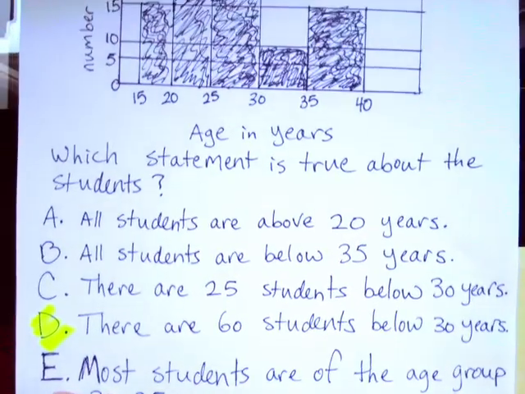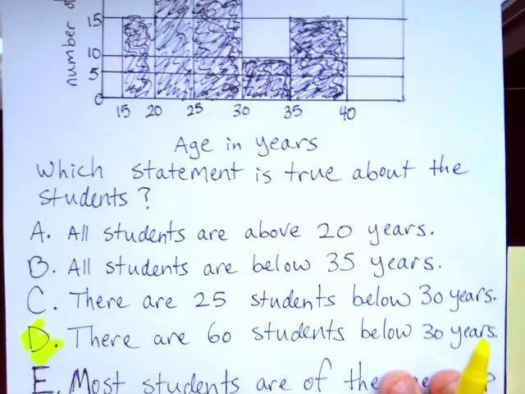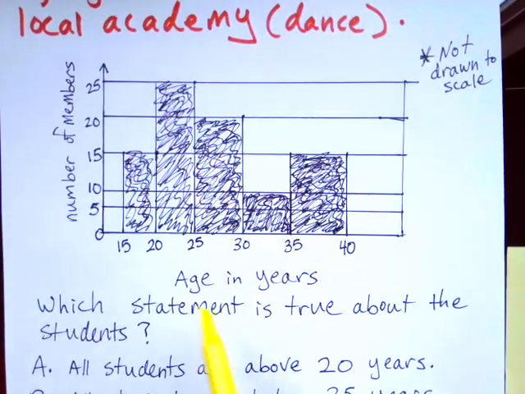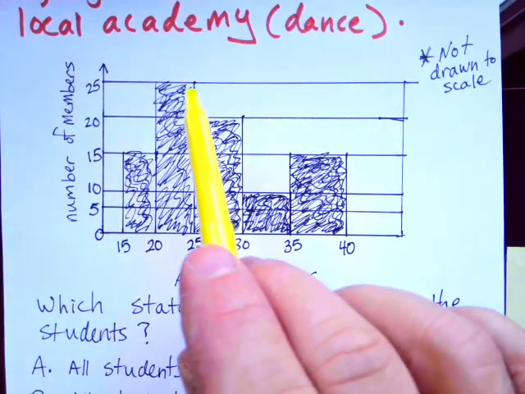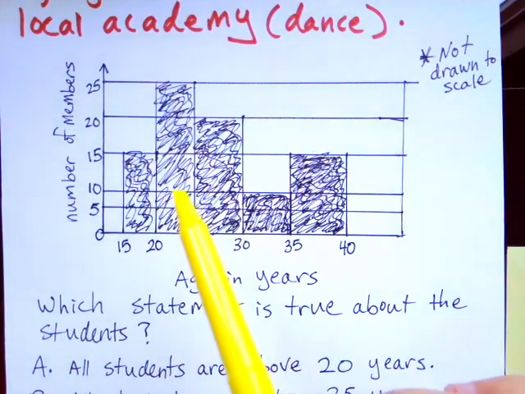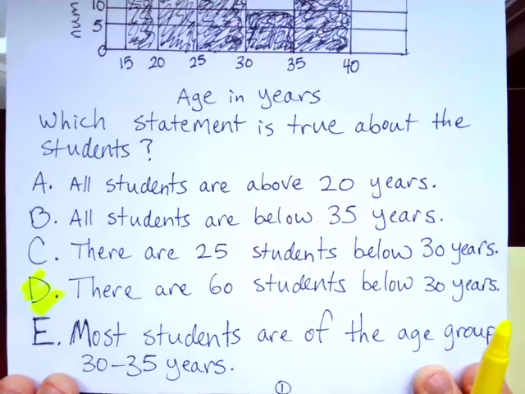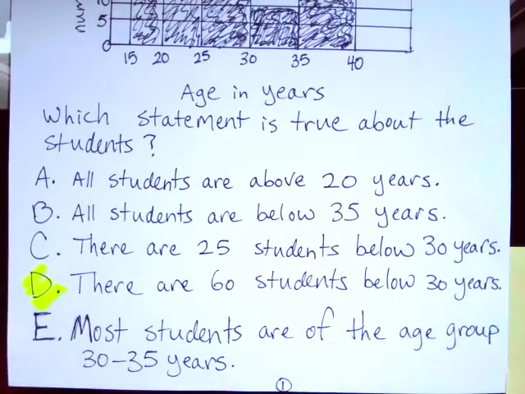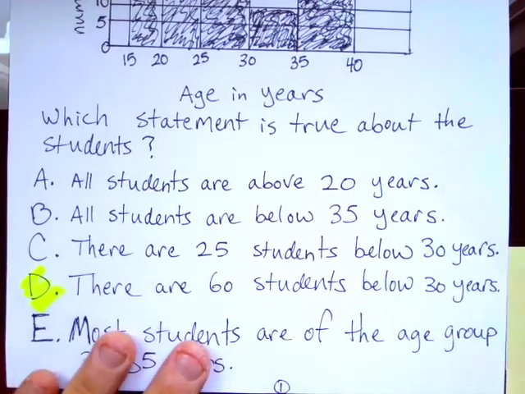Why is that? Well, let's take another look again. Option D says there are 60 students under 30. So under 30, you can see all the way to 15. 20 plus 25 is 45, plus another 15 is 60. And in reviewing C, to determine that C is not the correct answer, there are 25 students below the age of 30.